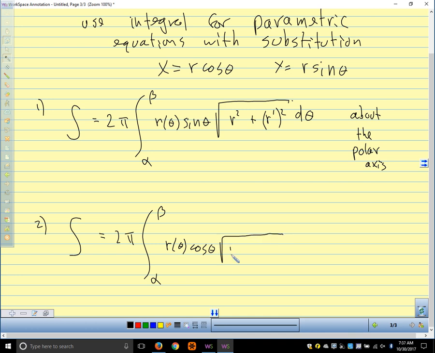And then our little piece of arc length, the square root of r squared plus r prime squared d theta, you could view that as ds. And this is about the pi over 2 axis. They just call it the pi over 2 axis.